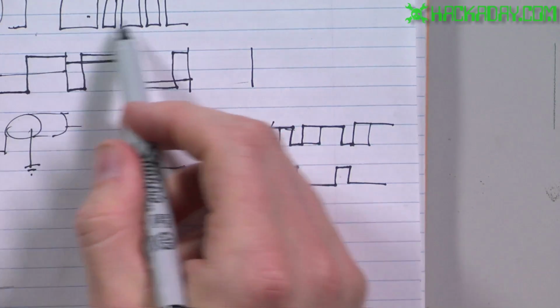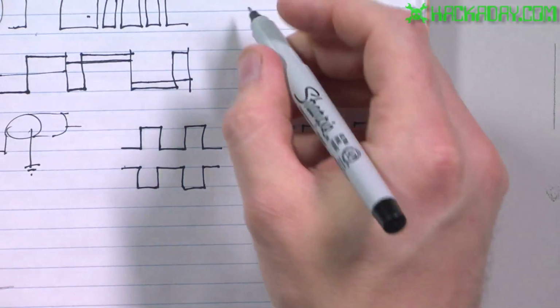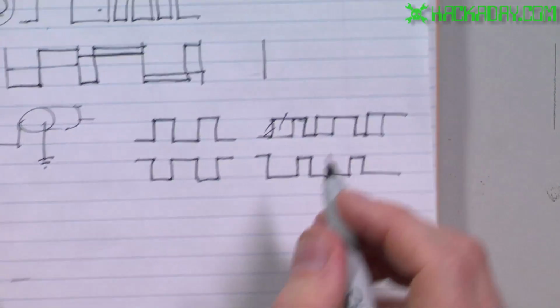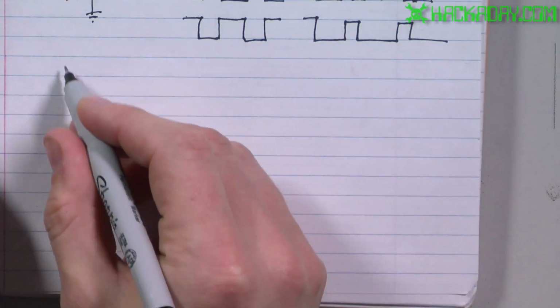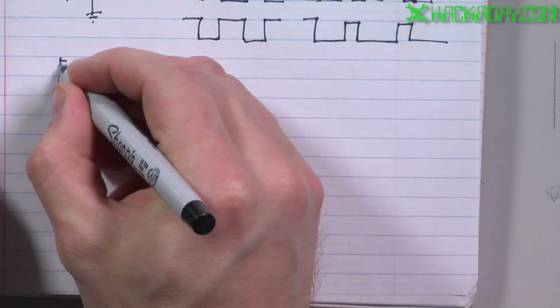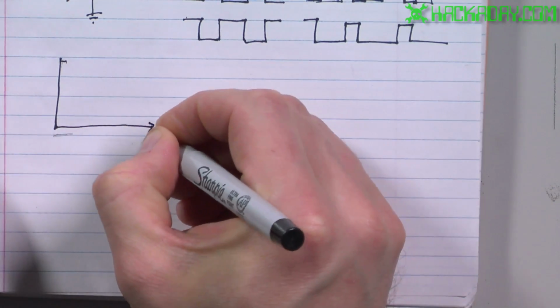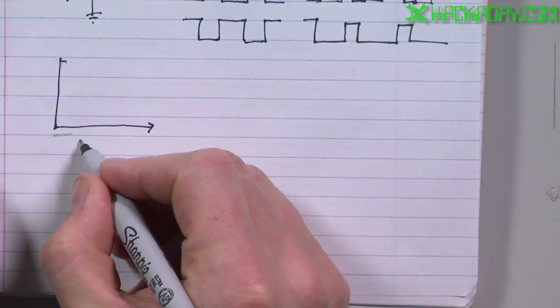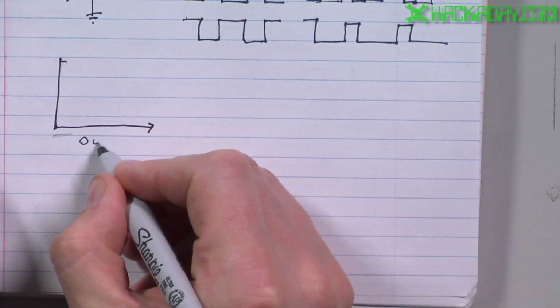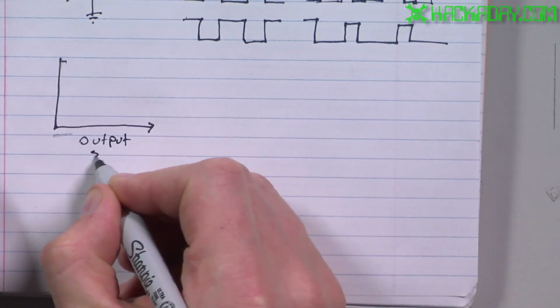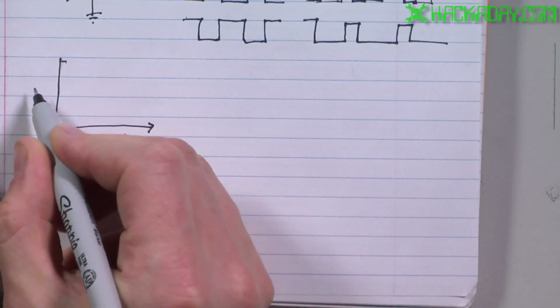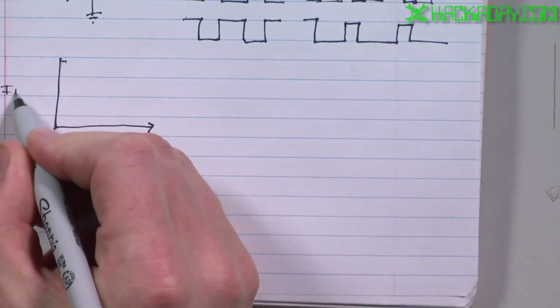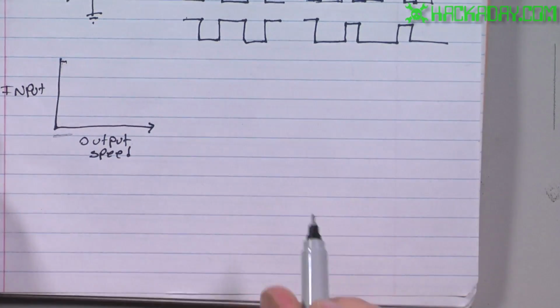In this method, it tends to be that, I'll draw you a little graph of what it might be like. So this is the output speed. And what you're giving it.